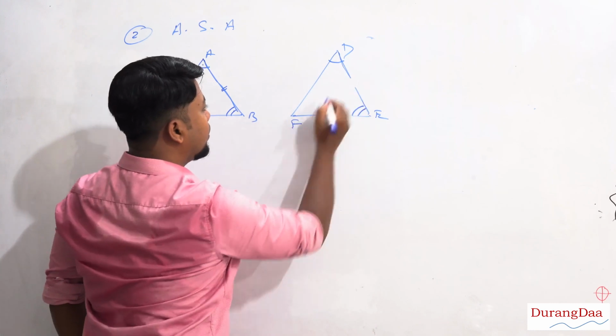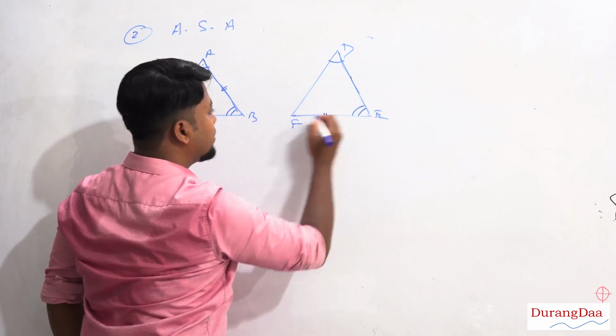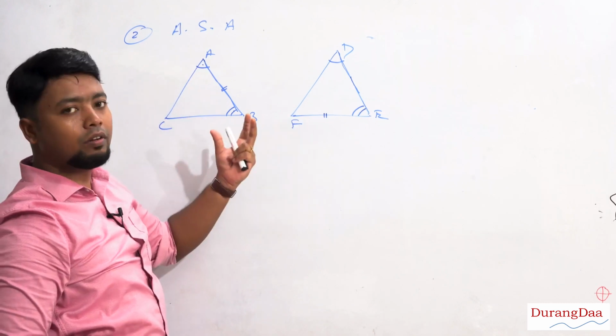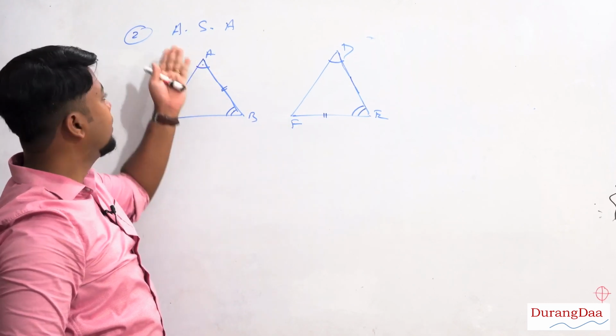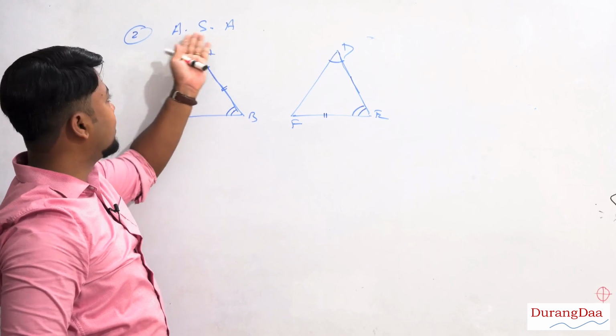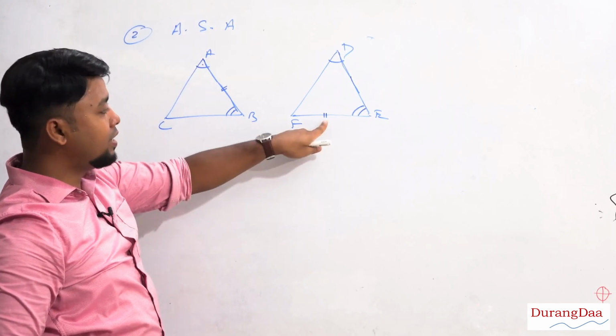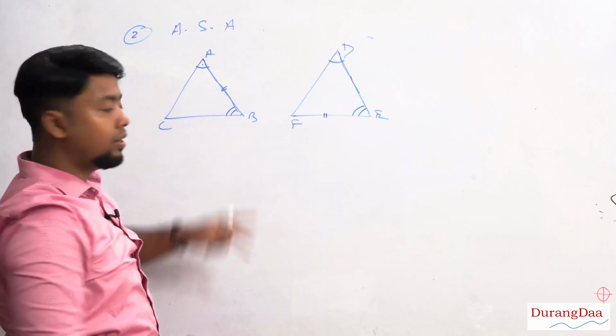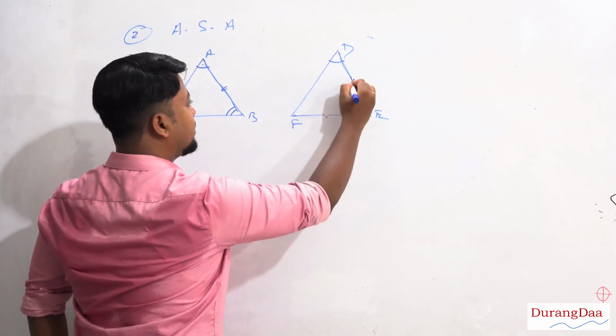If it was given that this other side was equal, here also you have two angles and one side equal, but it is not fulfilling angle side angle, because the side here is not between the two equal angles, all right. So, keep that in mind. It has to be this side here.